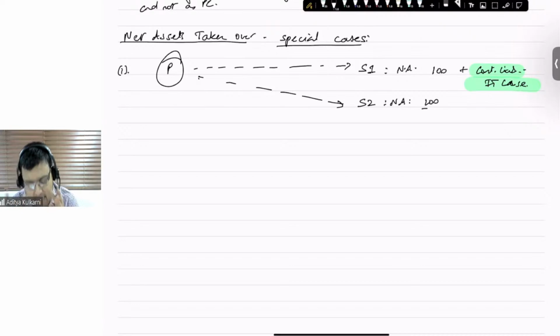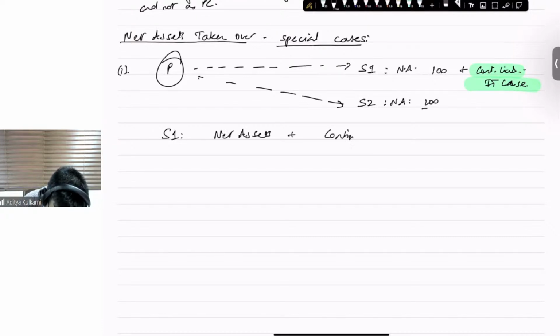That means in true sense, when S1 is getting acquired, it is not only the net assets, but it is also a contingent liability that is getting acquired.